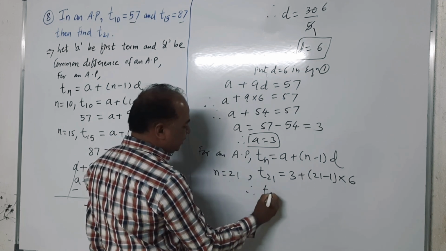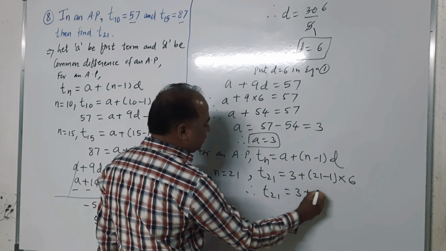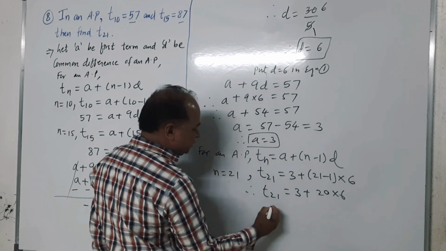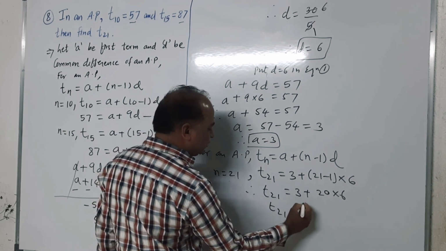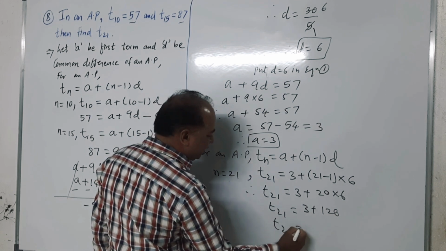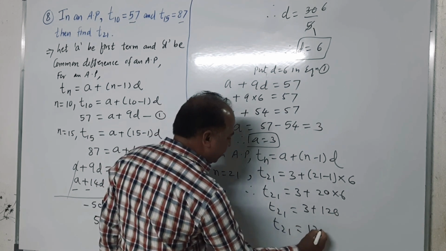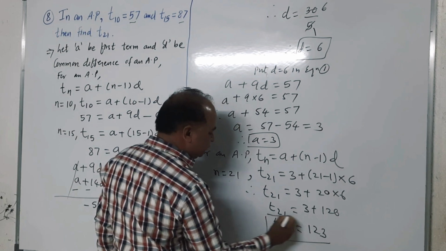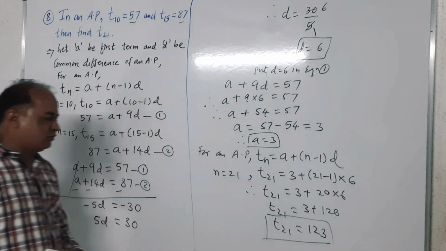Therefore T21 is equal to 3 plus 20 into 6. Therefore T21 is equal to 3 plus 120, which is 123. So the 21st term of the AP is 123.